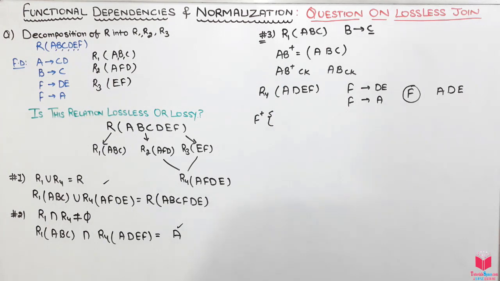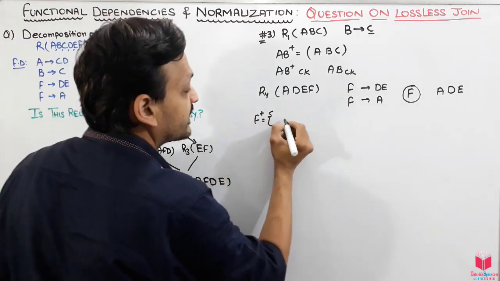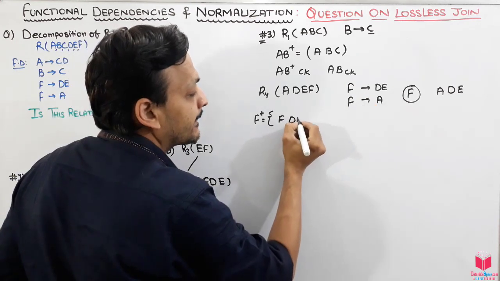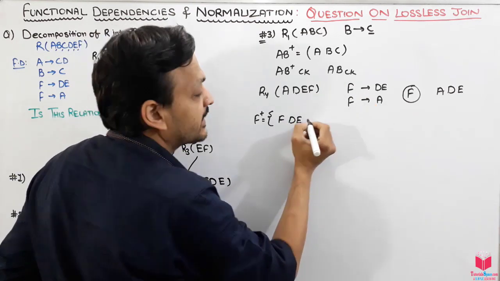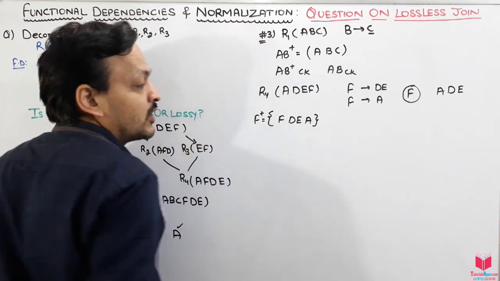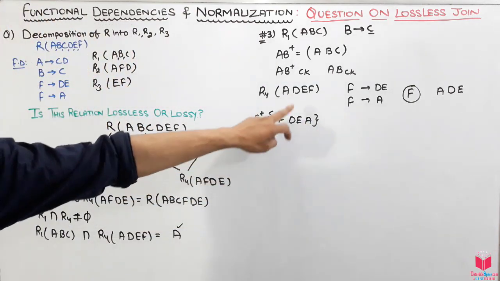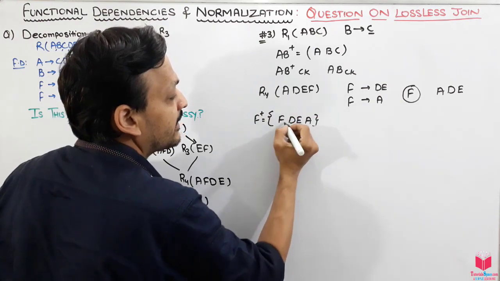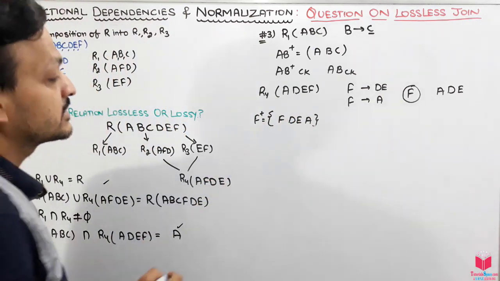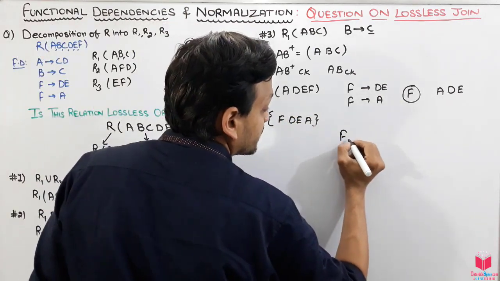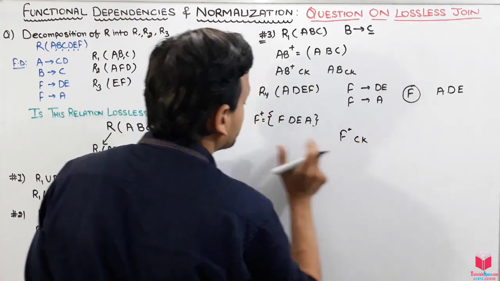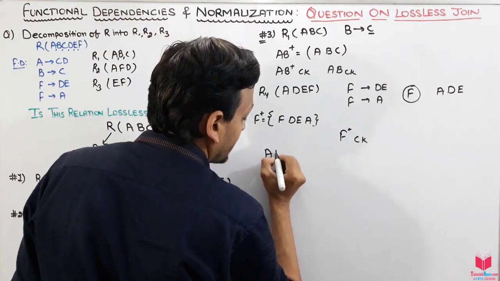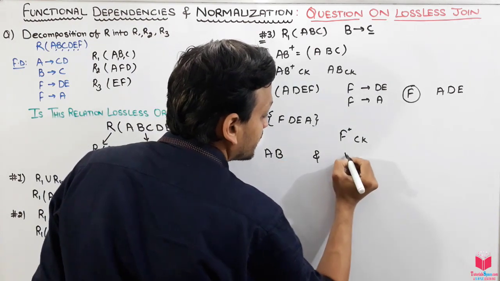From F I will get at least F, and from F I get D, E, and from F I get A. So I am getting all the attributes A, D, E, F. That means F is a super key of this relation. Now I get two keys here, AB and F.